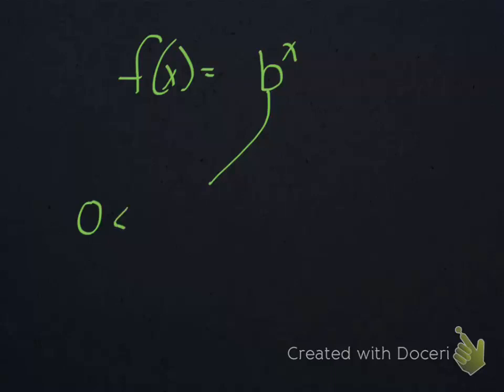Okay, so let's think about it. Guys, focus. So far, I've just been doing something to the x power. If this something is between 0 and 1, we called it a decay.